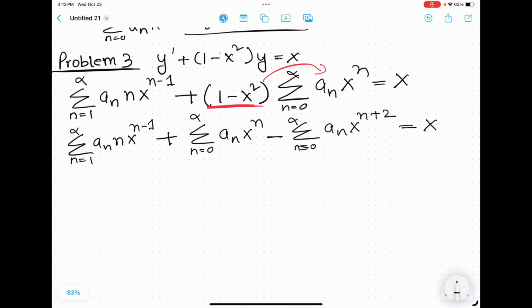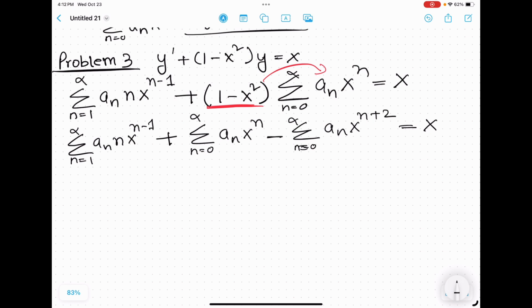So we can see that our base is just an x, right? They both are x, that means their exponents add up. So it's going to be n plus 2. Okay? All right.